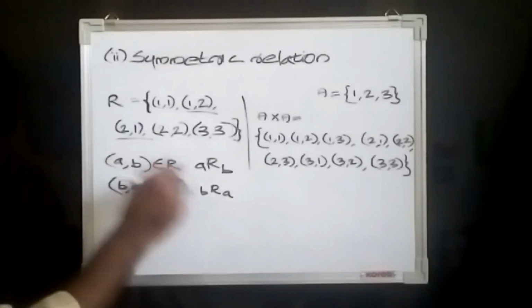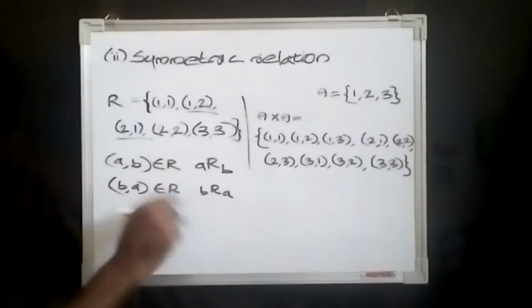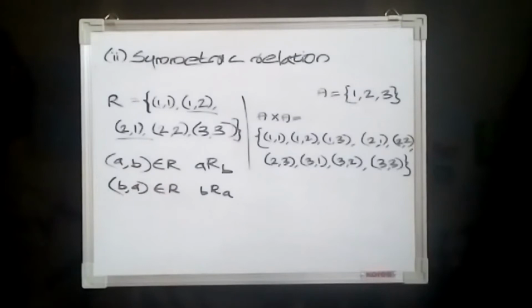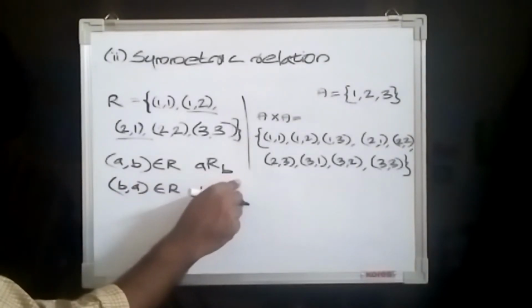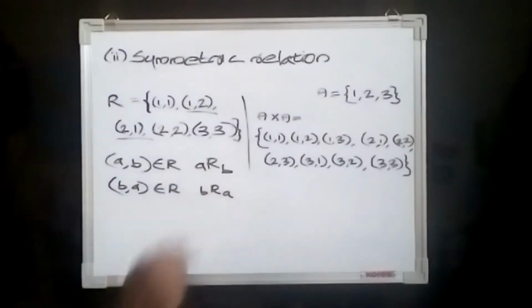Whenever (A, B) belongs to R, then (B, A) should belong to R. The relation is said to be a symmetric relation. When an element A is related to B, then B should be related to A.